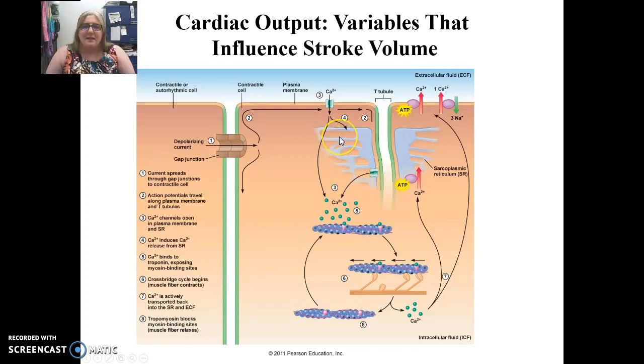Remember in skeletal muscle we have a very nice sarcoplasmic reticulum which holds a lot of calcium. But for cardiac muscle as well as smooth muscle, we have a very scanty sarcoplasmic reticulum. So calcium not only comes from the sarcoplasmic reticulum, but it also comes in through calcium channels to bind to the troponin and then allows the muscle contraction to occur.